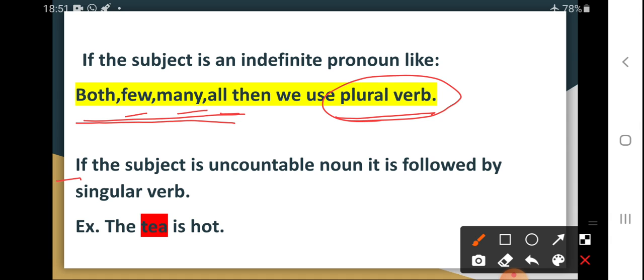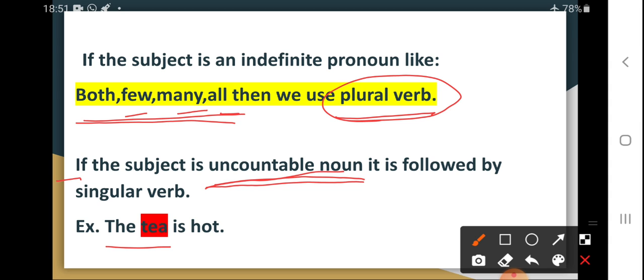Now the next rule is if the subject is an uncountable noun. Uncountable means, in the first chapter I told you that the things we can't count are called uncountable, like water, sand, air, tea, right? These things are called uncountable nouns.